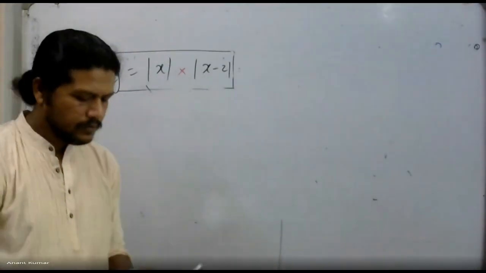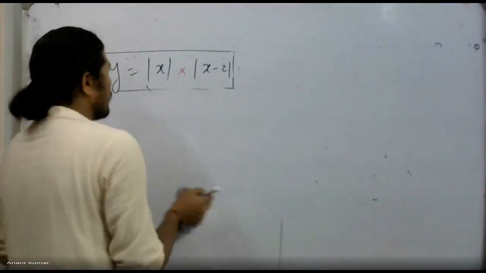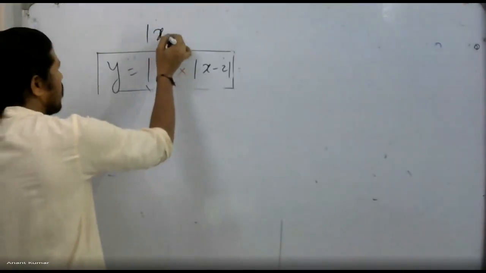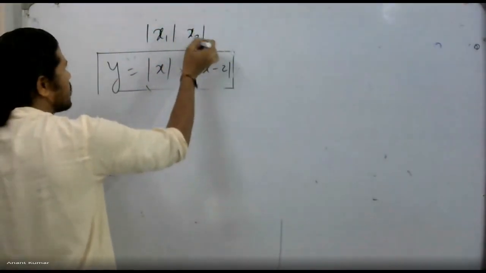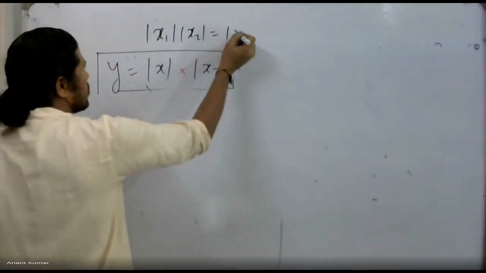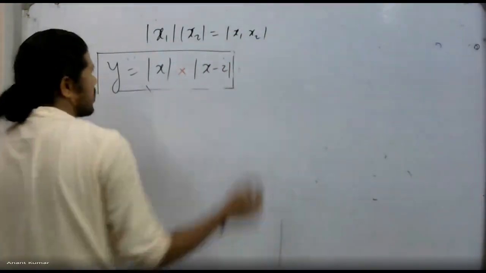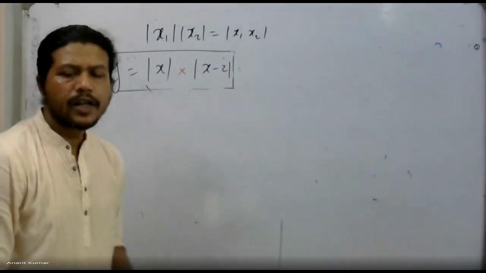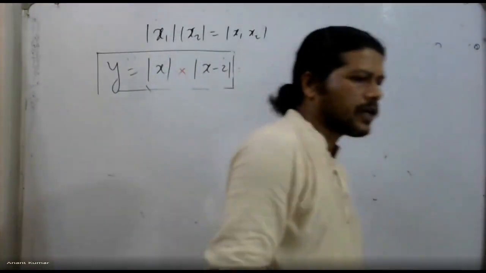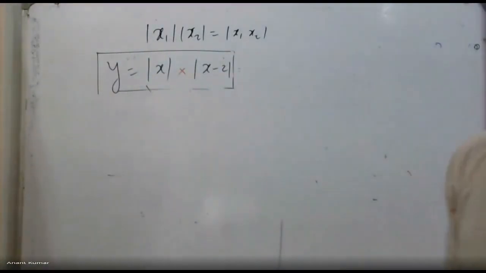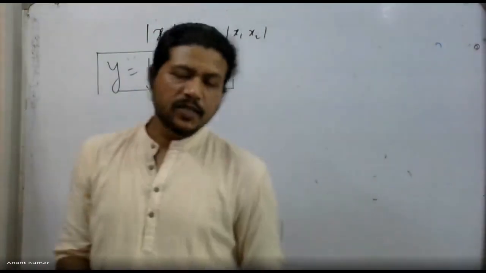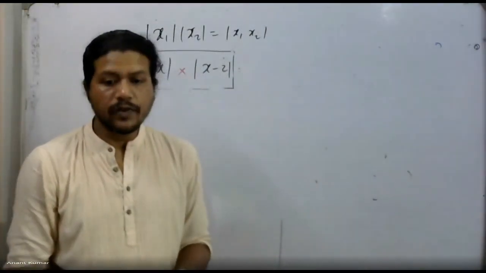I said already, by definition, it is true indeed that mod x1 into mod x2 is the same thing as mod of x1 x2. This is a property of the modulus function. It's always correct. But it's not always correct that mod of x1 plus mod of x2 is equal to mod of x1 plus x2.